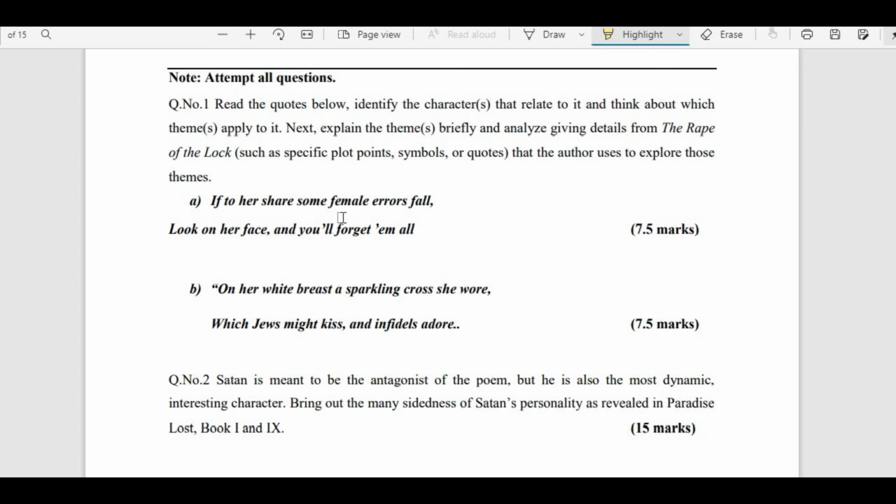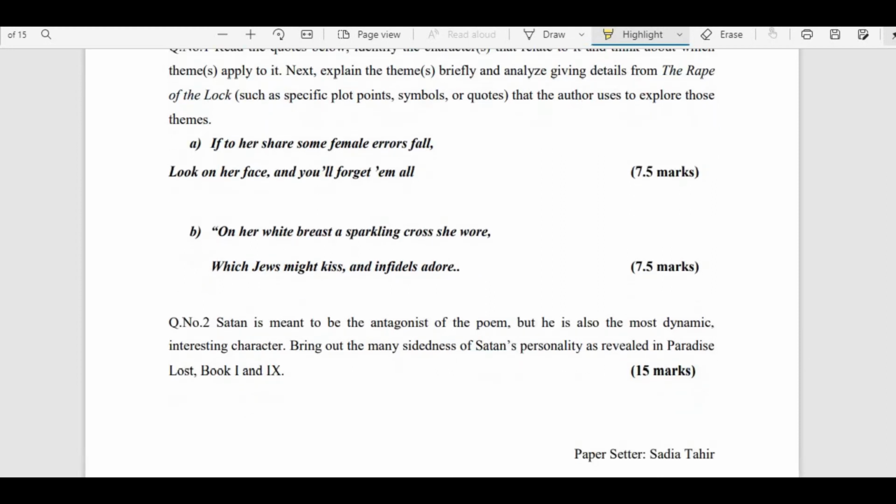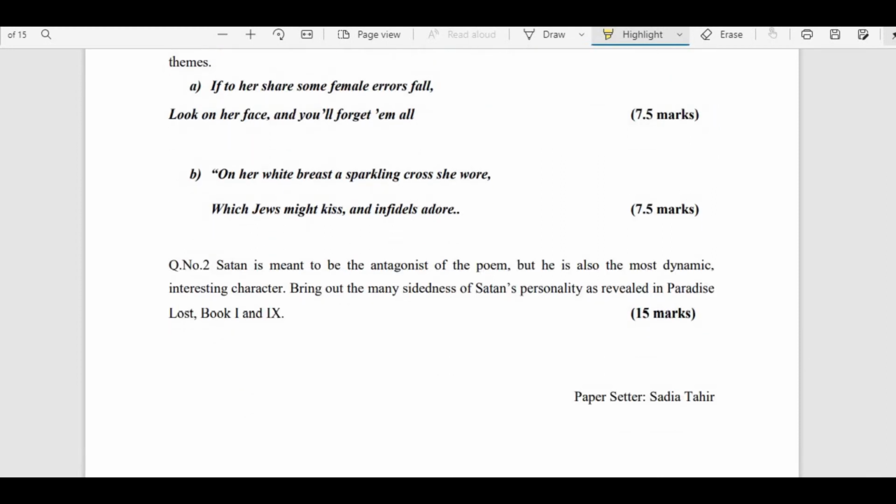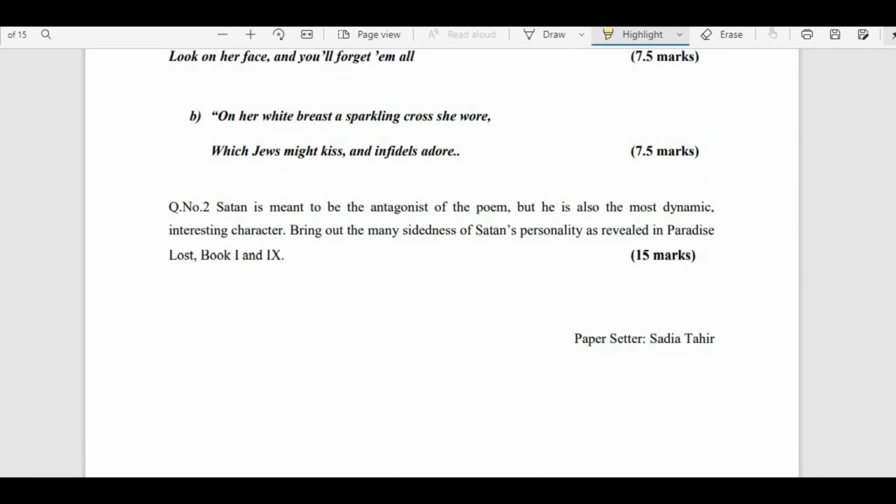Okay, the speaker, the characters involved in these lines, obviously Belinda and the people at the court, and lines 2: on her white breast a sparkling cross she wore, which Jews might kiss and infidels adore. Again, it's in Hampton Court, and the jewel, the Christian cross she is wearing. All right, about Belinda.